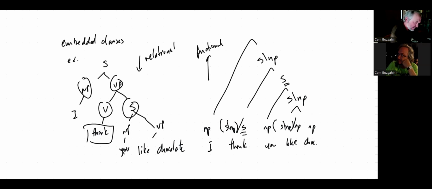Okay. And if you write some semantics for this, it will take two arguments, one for this, one for that. Let's say lambda p, lambda x, think p x, which we know is actually a structured representation.